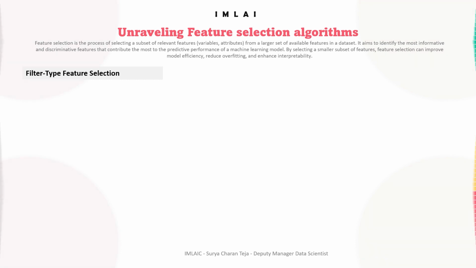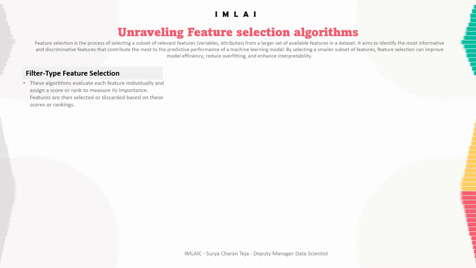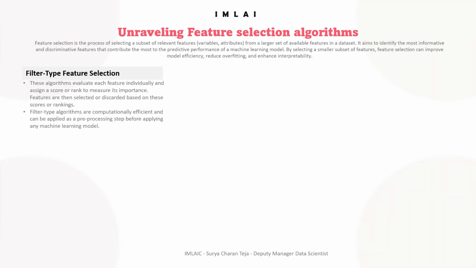Features are then selected or discarded based on these scores or rankings. Filter type algorithms are computationally efficient and can be applied as a pre-processing step before applying any machine learning model.